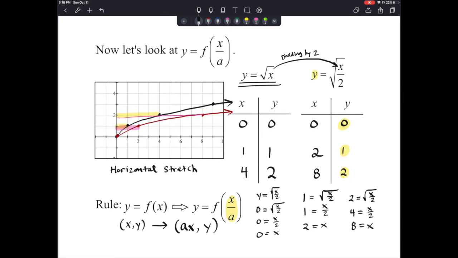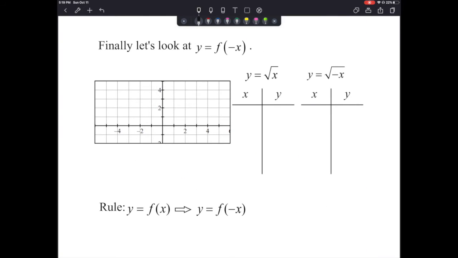So when you see you're dividing by a in the equation, you're going to multiply by a in the table. Okay, so up here we divided by 2. Now we are multiplying by 2. I want to make sure you have that in your notes. So multiply by 2.